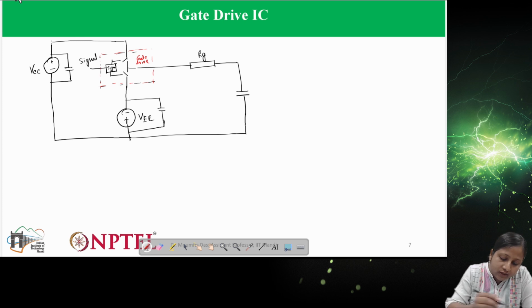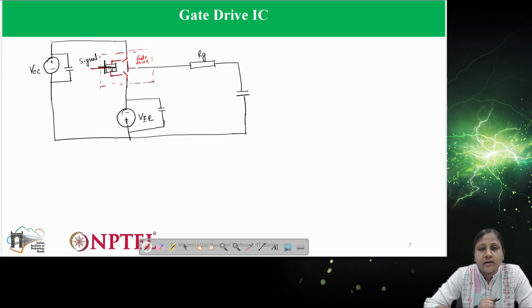So in the gate drive part, what are the things there? Two switches you can see are connected back to back, and the signal from the signal isolator is going to these different switches. Based on the signal type, whether it is high or low, this gate drive accordingly will provide the output, and the voltage level will be based on the voltages which are connected here.